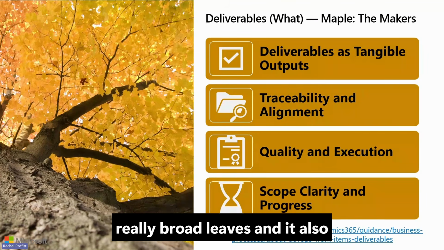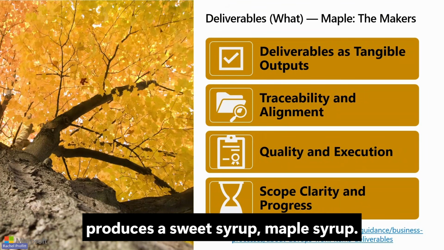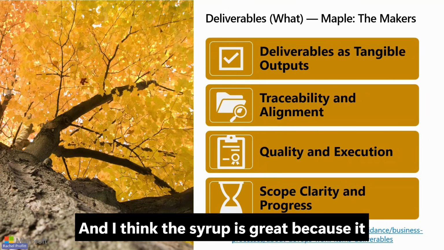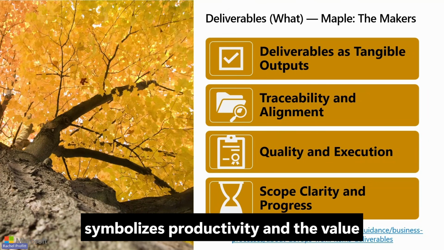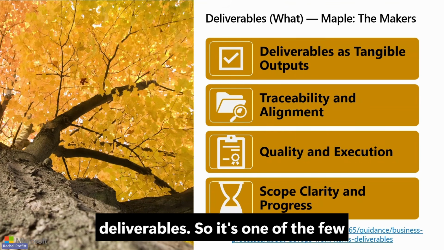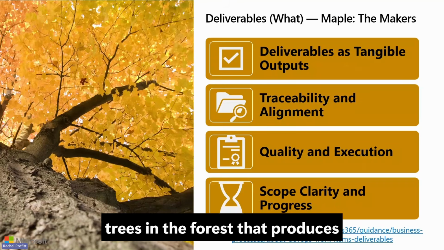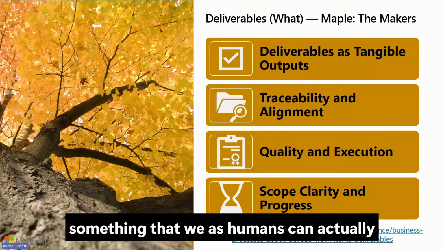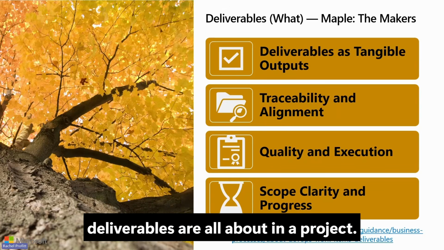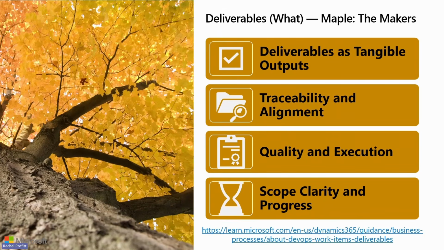It has really broad leaves, and it also produces a sweet syrup, maple syrup. And I think the syrup is great because it symbolizes productivity and the value realization that we get out of deliverables. It's one of the few trees in the forest that produces something that we as humans can actually consume and eat. And that's kind of what deliverables are all about in a project.